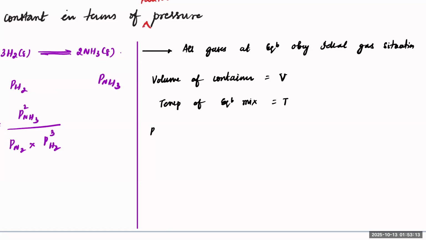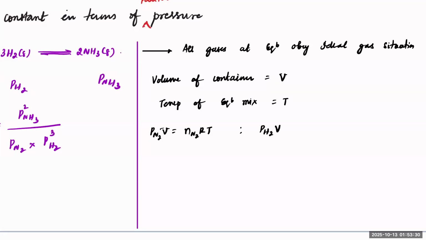So then I can say partial pressure of N2 into V is equal to number of moles of N2 into R into T. This way you can write it for nitrogen.